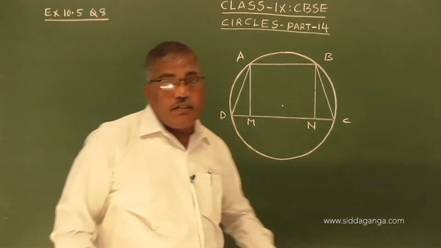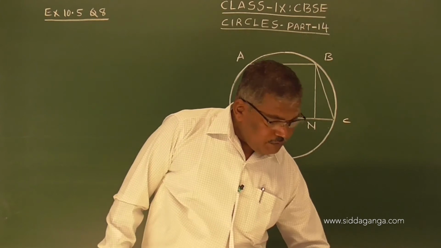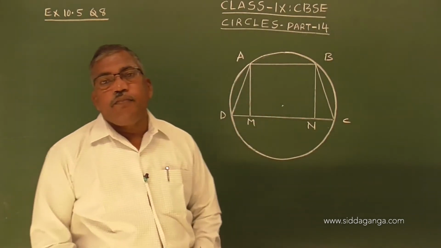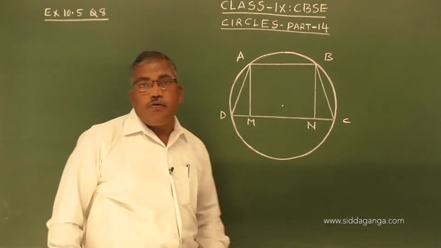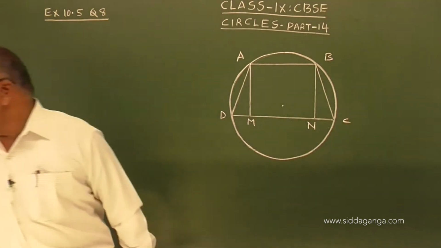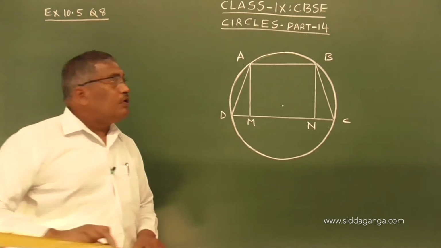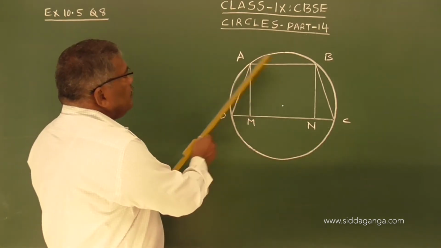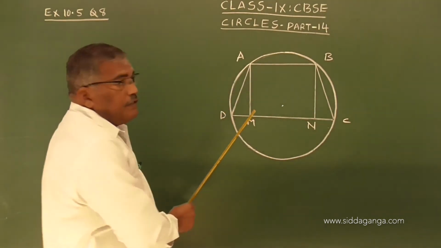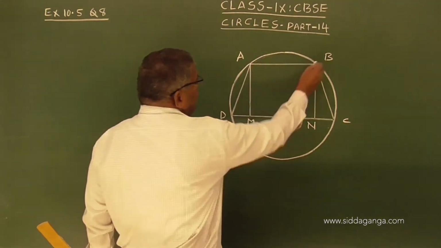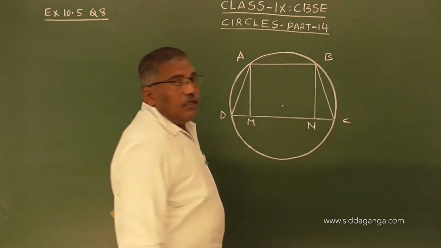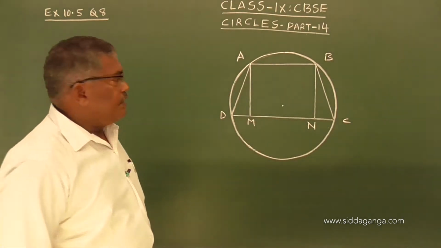The figure is not given in the textbook, so we have to prepare the sketch. In such problems, we have to be very careful in drawing the sketches. What is given is ABCD is a trapezium, and we know that AB and DC are the parallel sides.